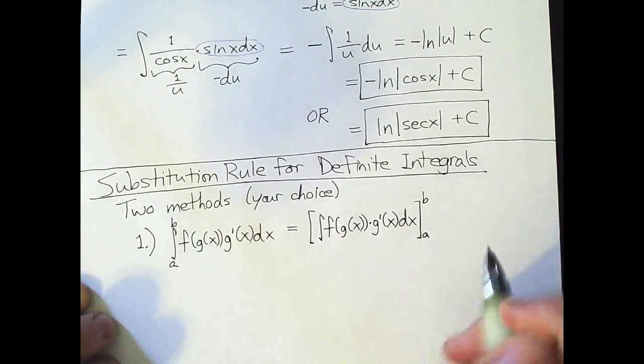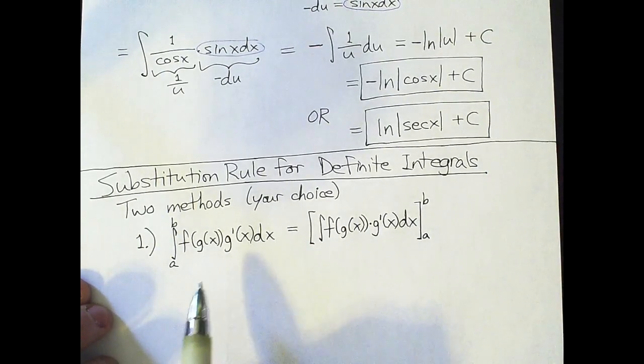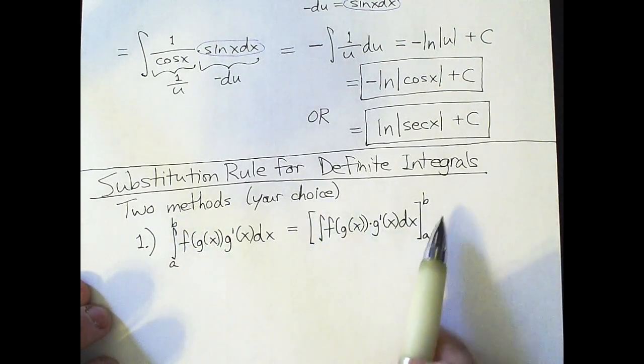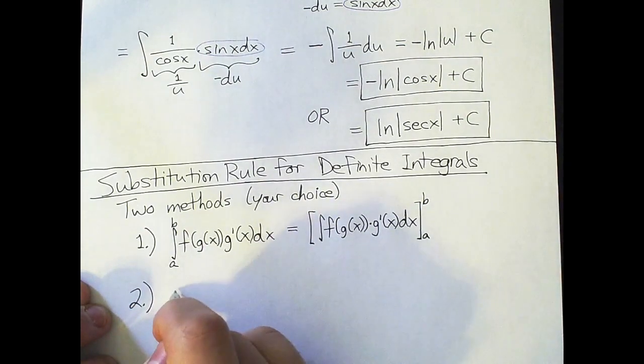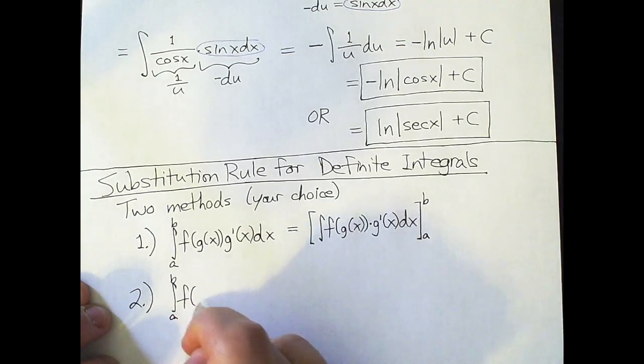So method 1 is to take the formula from the substitution rule and just put the a and the b on it, and then put the brackets around it and put the a and the b there. Method 2 is going to say, start with the same type of problem, so same type of left-hand side.